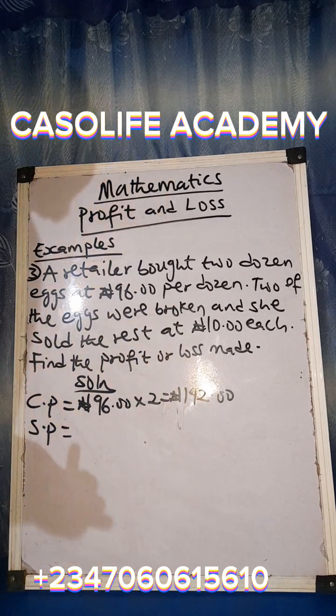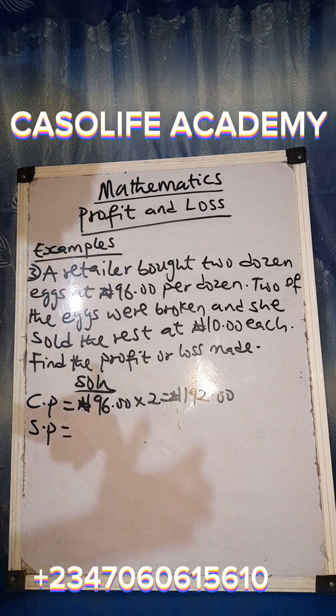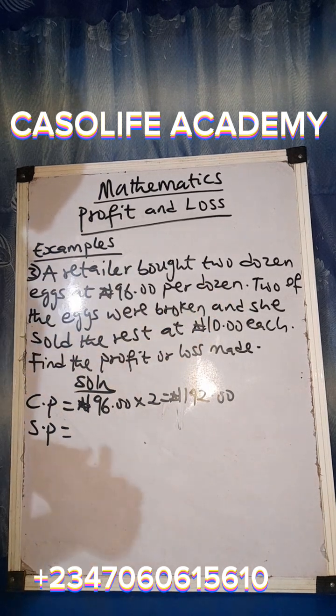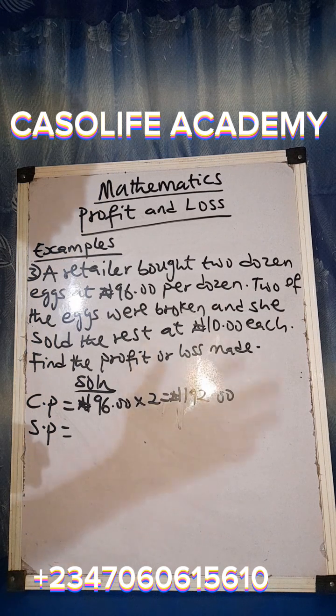What does that mean? First of all, we know that 1 dozen is 12. So 2 dozen is how many? 24. So if 2 dozen is 24 and 2 eggs were broken, the remaining number of eggs is 22.